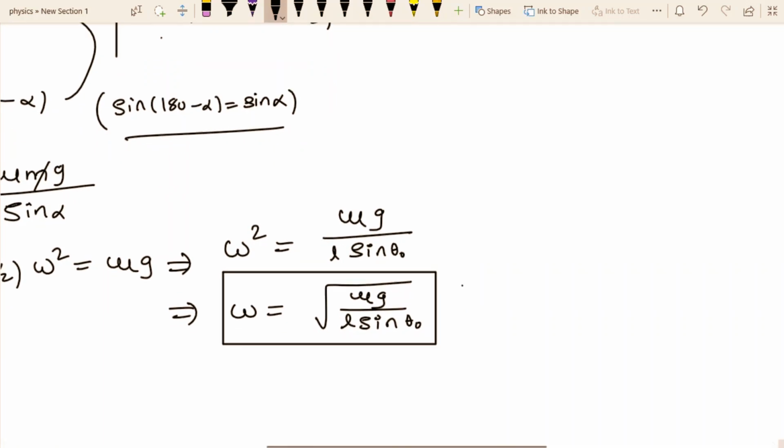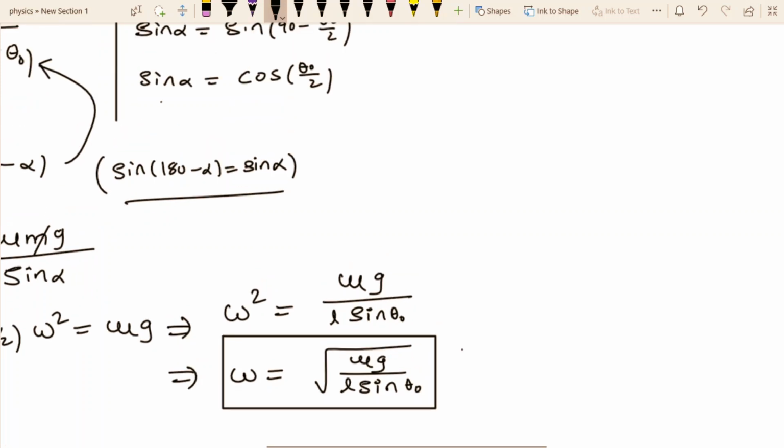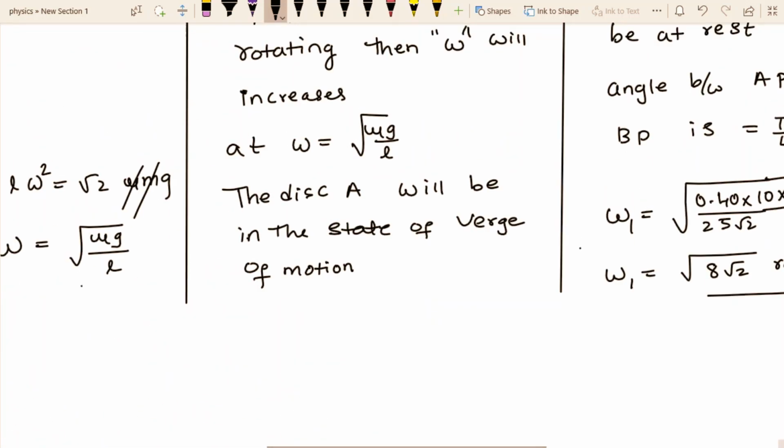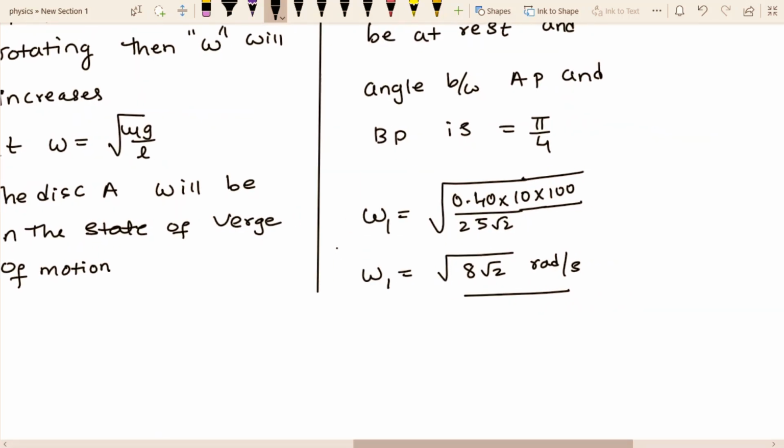We have already computed angular velocity 1 here. Whatever value of angular velocity 1 we are getting, that is the square root of 8 into square root 2. This value of angular velocity is approximately 3.36 radian per second.